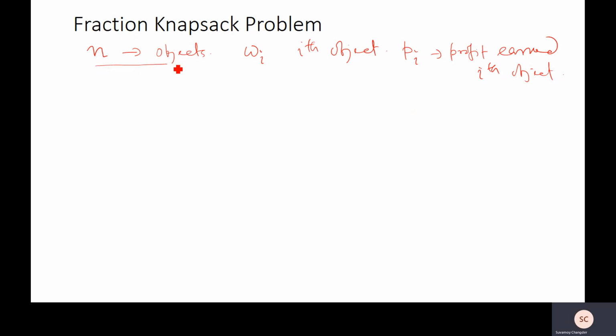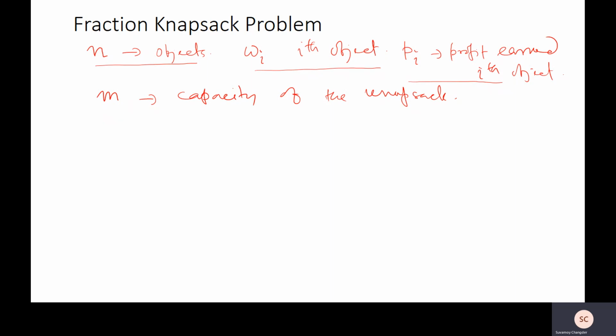So if we select the ith object, we will earn a profit of Pi. And let M be the capacity of the knapsack. That means we have to select some objects from these n objects such that it fulfills the limit of M and the profit earned is maximum.